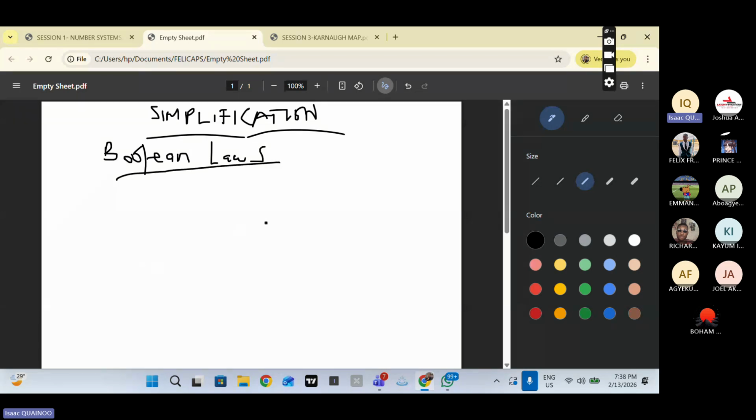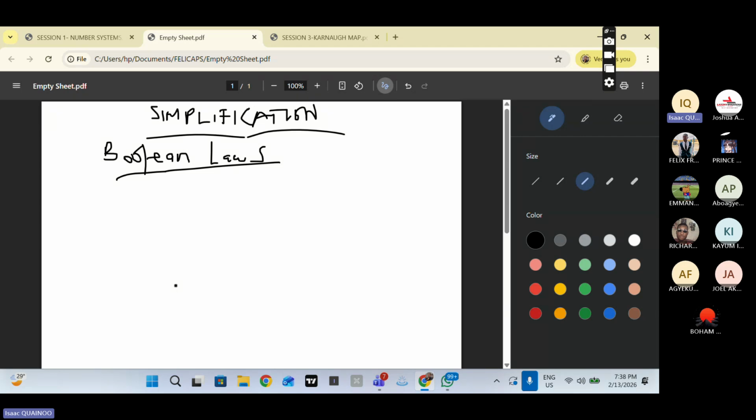Okay, so let us look at our Boolean laws. I'm going to take my time and go through this thoroughly because this is very, very important. You can simplify, but if you end up getting your final answer wrong, everything you do with it will be wrong. If you're asked to draw a logic circuit for that, the final circuit will not produce your intended output.